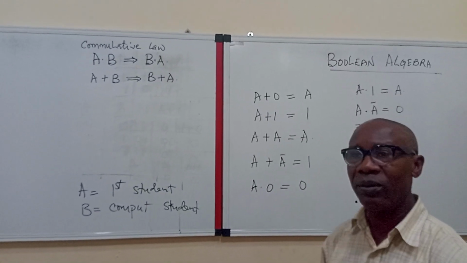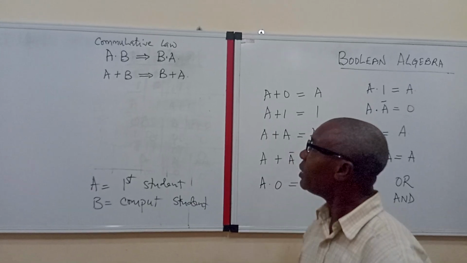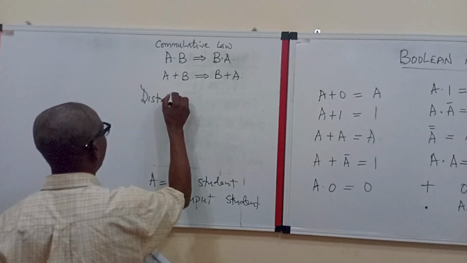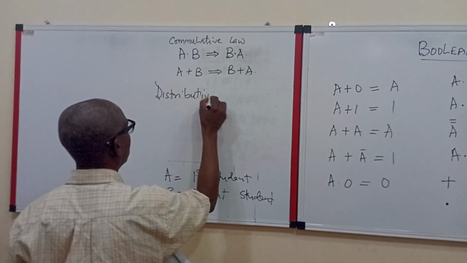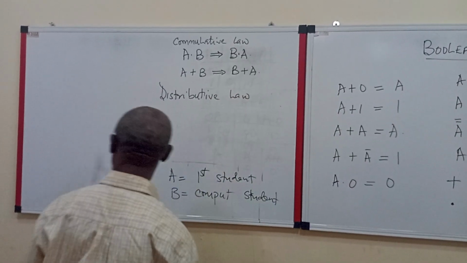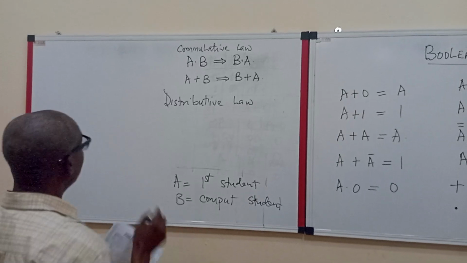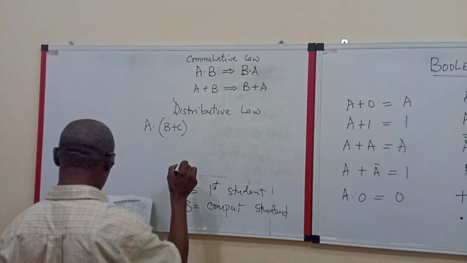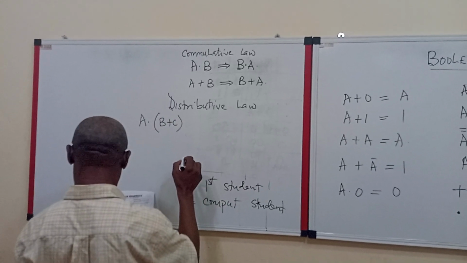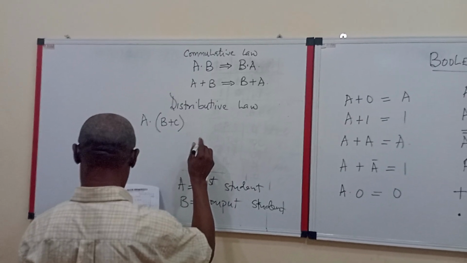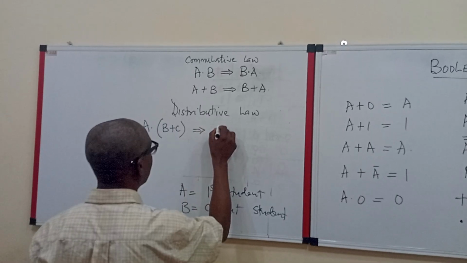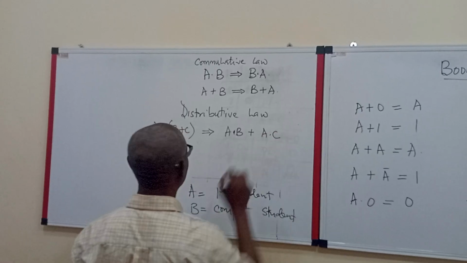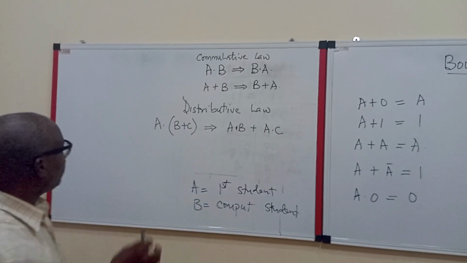Now the next we want to look at is the distributive law. What does the distributive law say? The distributive law says that A dot (B plus C) is the same thing as A dot B plus A dot C. That is the distributive law.